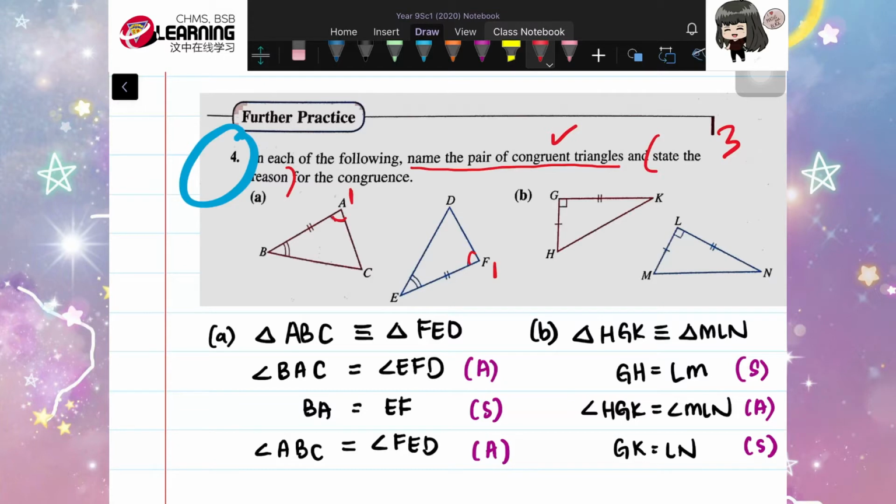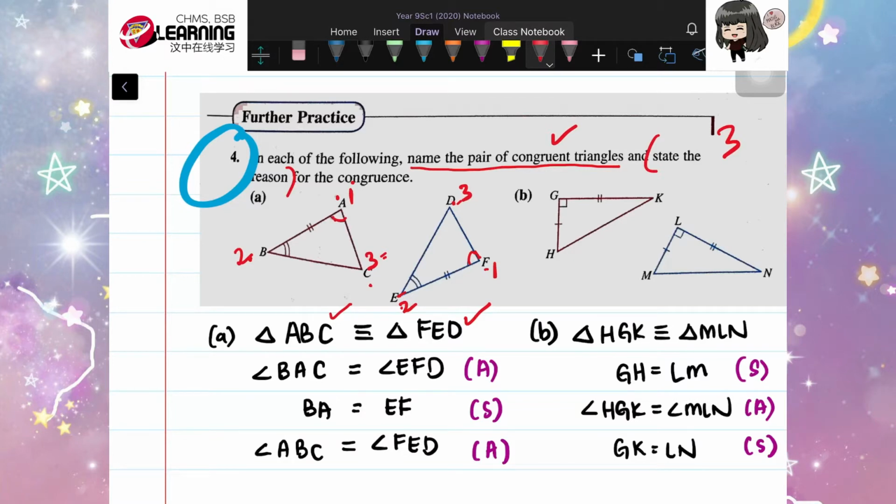I will write the number so you won't confuse. The second one, if you are looking for B, then this will be your second one also. And if this is your third one, then this is your third one, as long as it's pairing third. If you start off from B and then AC, it means 213, then this one must be EFD, 213 also. So for my answer, the triangle ABC is congruent to triangle FED.